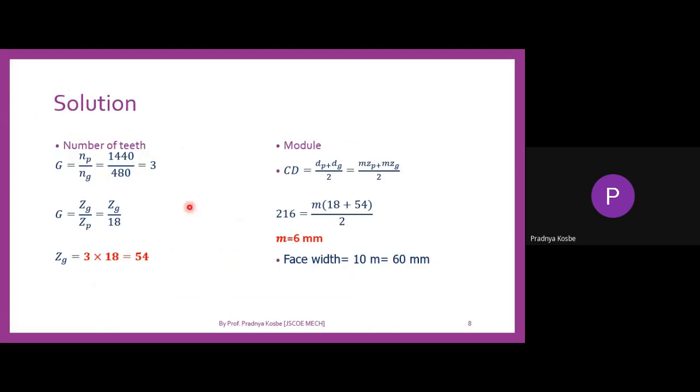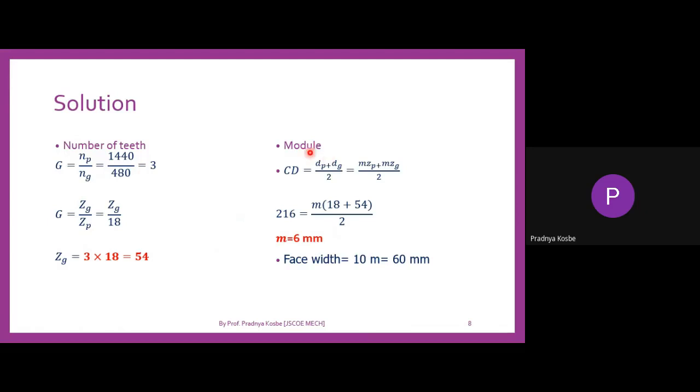So number of teeth, gear ratio is what? Speed of a pinion divided by speed of a gear. It is 1440 divided by 480, that will be equal to 3. And gear ratio is also equal to Zg divided by Zp. Zg, number of teeth on a gear, divided by number of teeth on a pinion. So it is equal to Zg divided by 18, and Zg is equal to 3 into 18, that is 54.